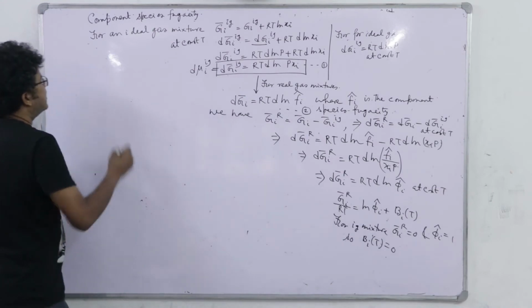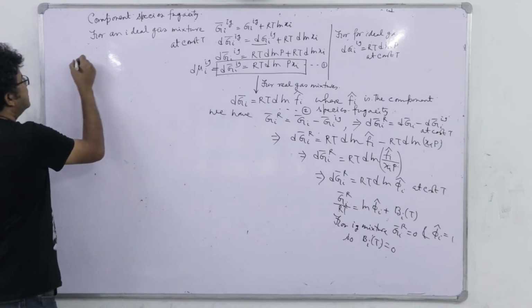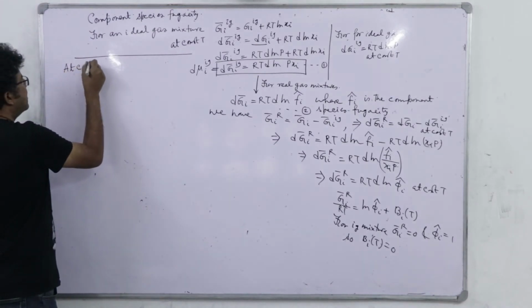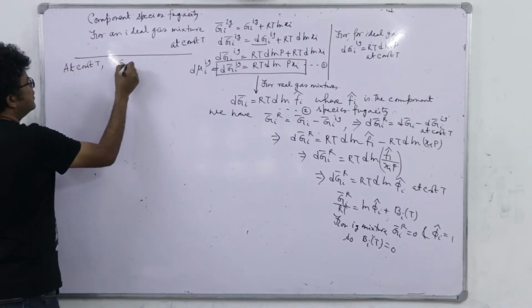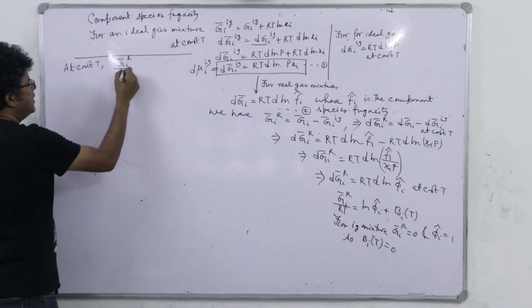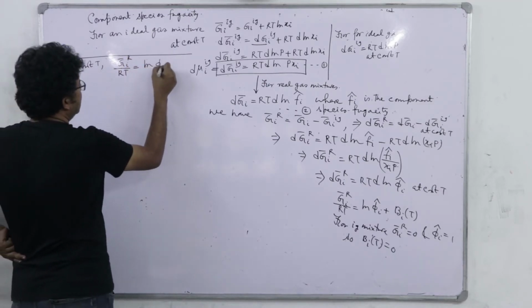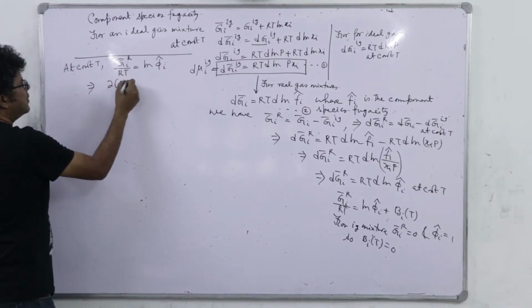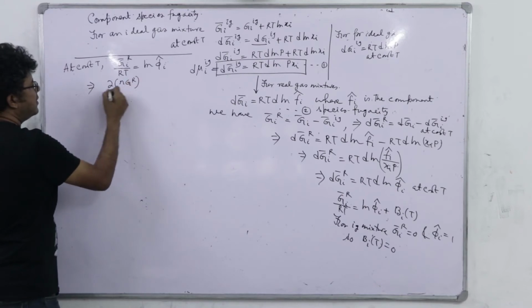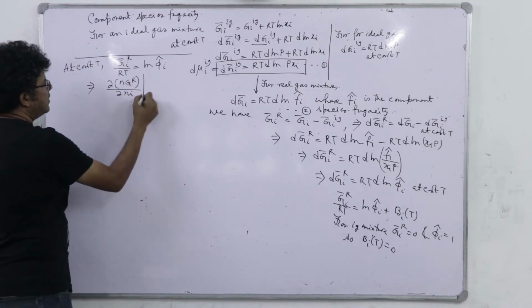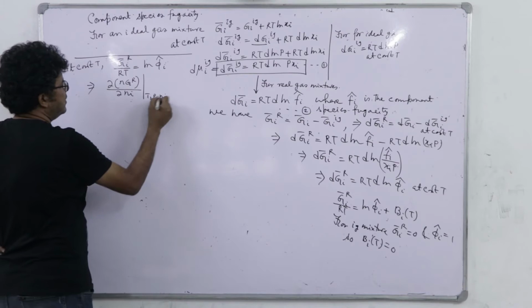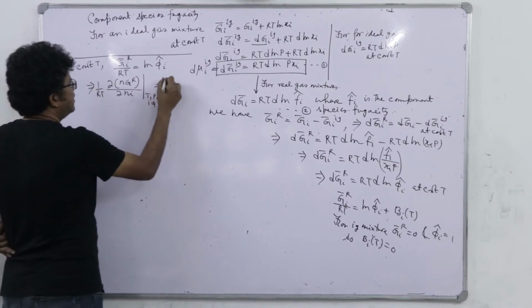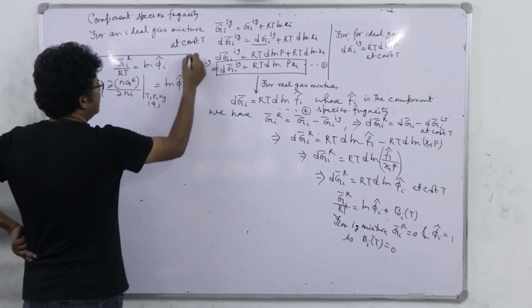Now, what is to be noted is that at constant temperature, Gi bar R by RT equals ln phi i cap. So if you write the equation as del of nG R by del ni at T, P, nj (j not equal to i), times 1 by RT, equal to ln phi i cap.